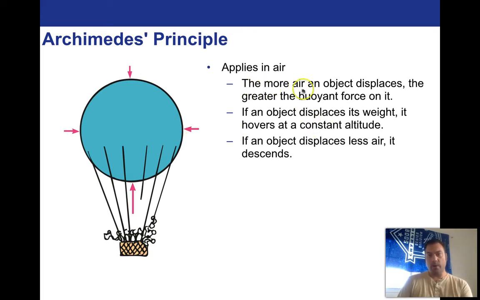Anyways, the more air an object displaces, the greater the buoyancy force is. We've talked about that. If an object displaces its weight, it hovers at a constant altitude. So as long as that arrow is equal to the weight of all these people in it, it'll hover at the same altitude. And of course, if it displaces less air, it starts to descend, it falls. Okay? Basically, the same principle that we've been using in water applies to the air as well.